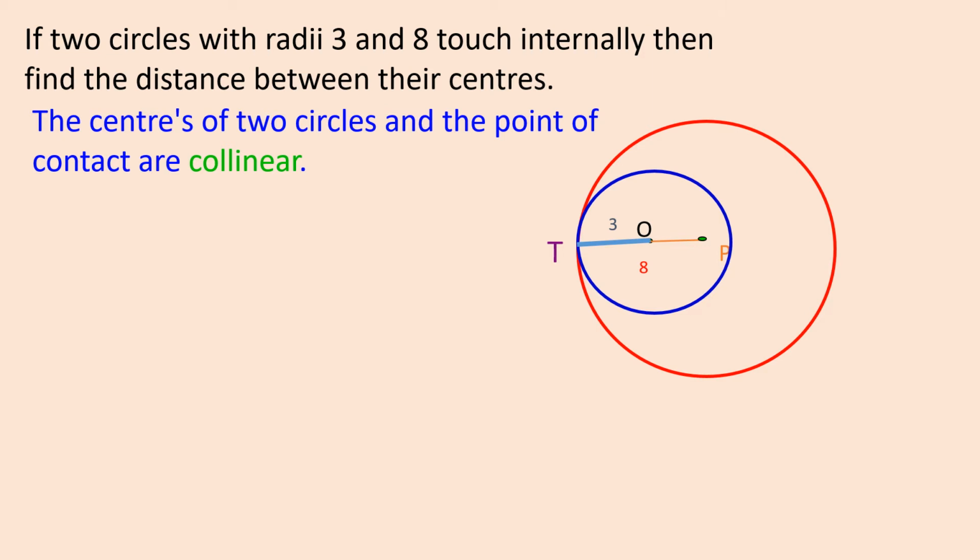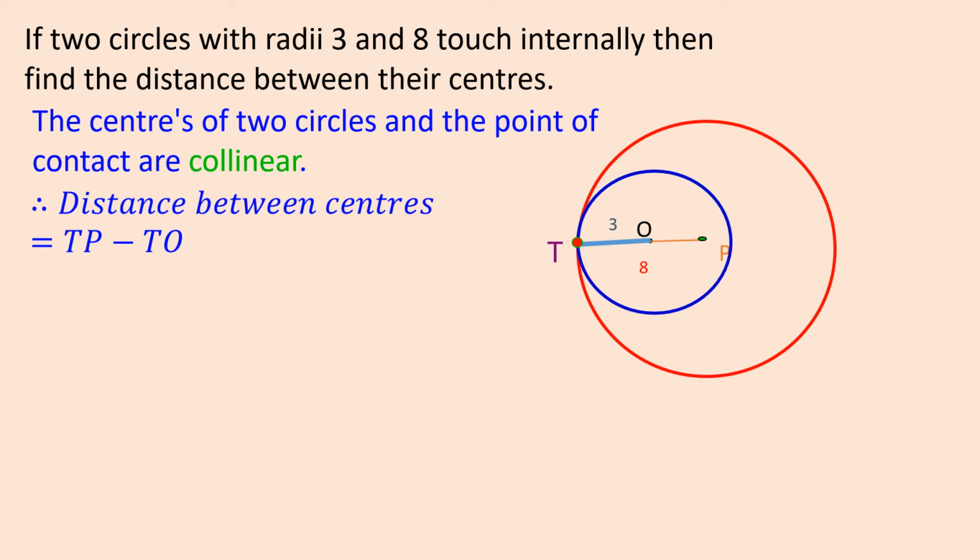So if the points are collinear, we can have TP equals TO plus OP, that you have studied in the previous class. The points are collinear, then the sum of the two smaller distances will be equal to the bigger distance.